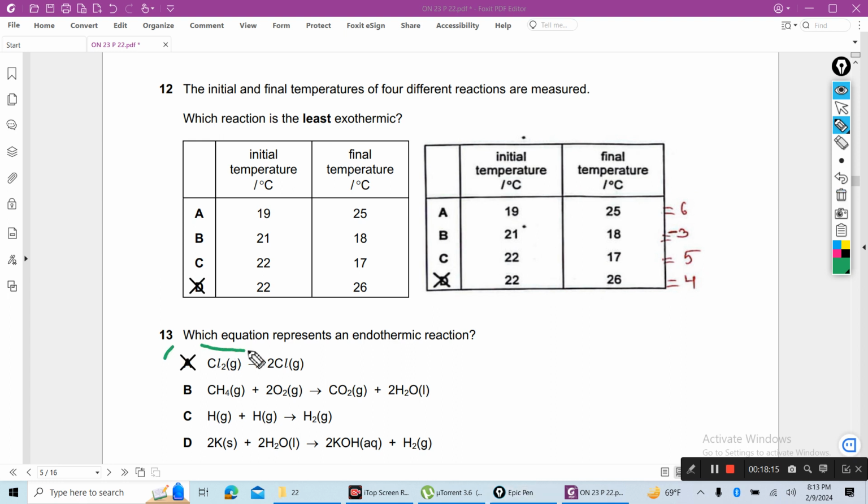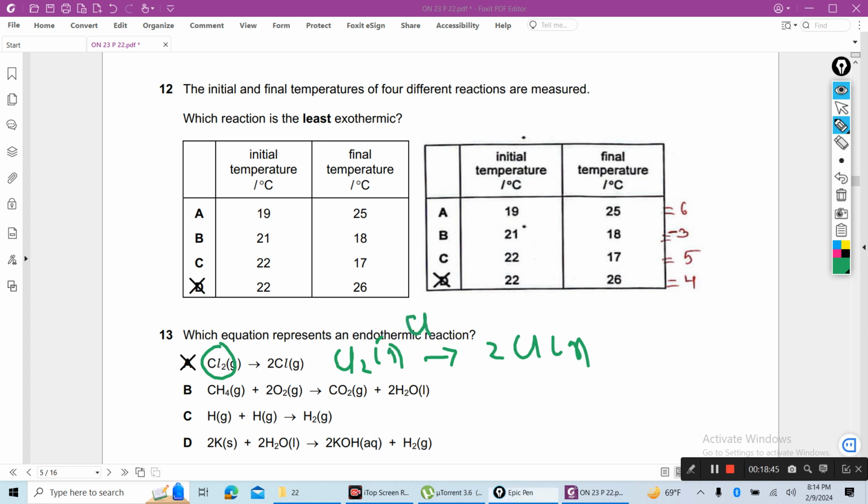Thirteen. Which equation represents an endothermic reaction? Means heat absorbed. An endothermic reaction means heat taken in. So, chlorine. Answer A. Chlorine gas, 2 chlorine atoms.